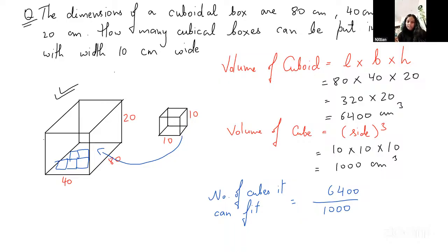I think I have made a mistake. Cancel. Okay, and we will get 64 upon 10. 64 upon 10.